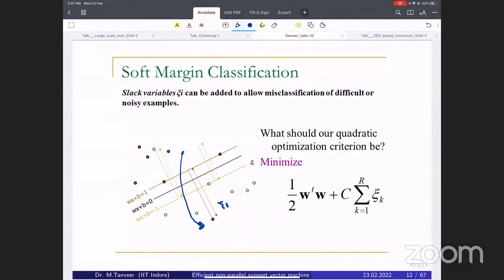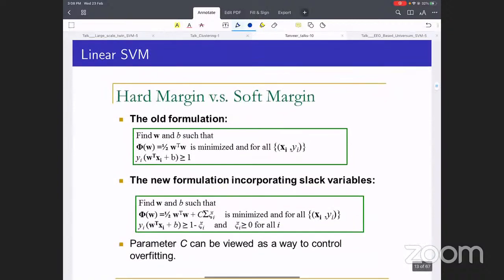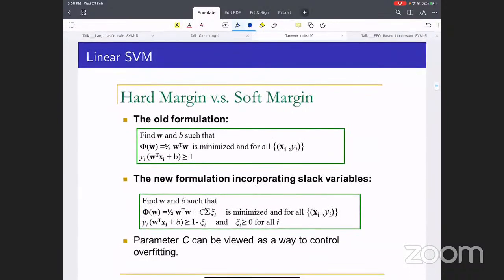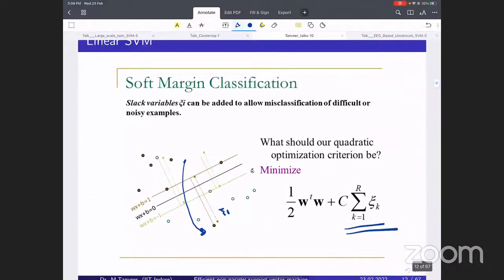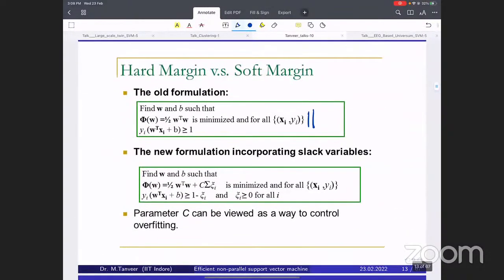There could be more than one misclassification, so we sum them up in the objective function: we minimize W plus C, where C is a parameter that controls the overfitting, times the sum of all the misclassification errors, xi1 plus xi2 and so on up to xi(n). So the difference between hard and soft margin is that, as I mentioned initially, the hard margin minimizes half W transpose W subject to the constraint yi (W transpose x plus b) greater than or equal to 1, and in the new formulation this is the objective function subject to this constraint, where xi i is greater than or equal to 0.